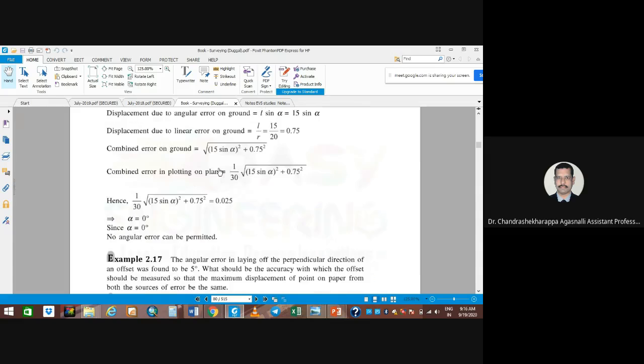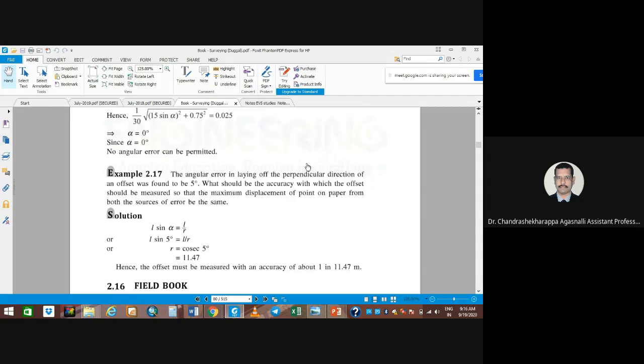Let's go to the other one: angular error in laying the perpendicular direction of an offset was found to be 5 degrees. What should be the accuracy with which the offset should be measured so that the maximum displacement of the point on the paper from both sources of error is the same? It's a very simple one.